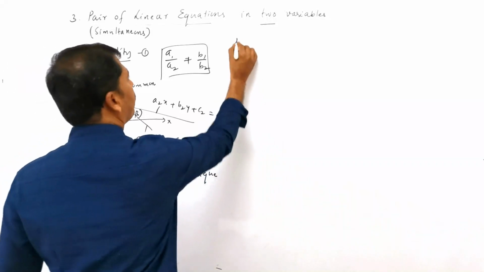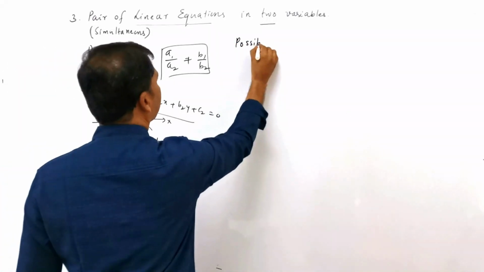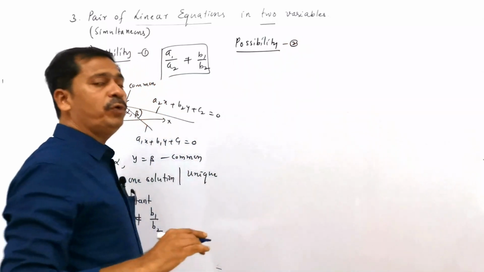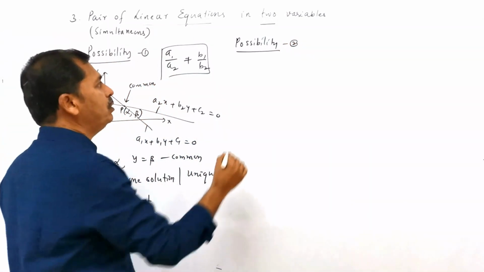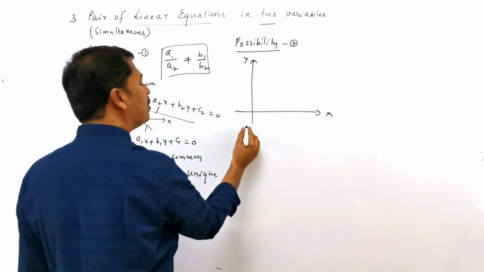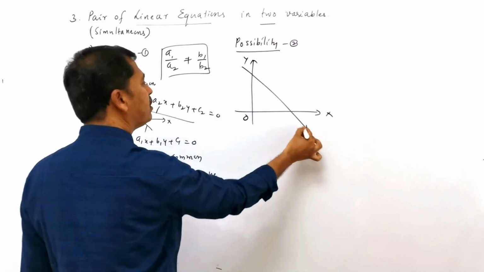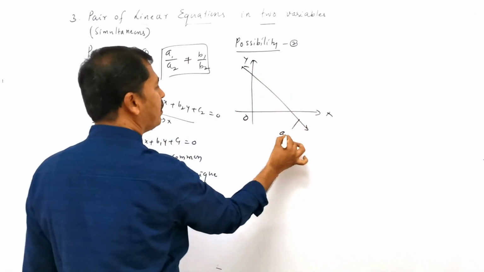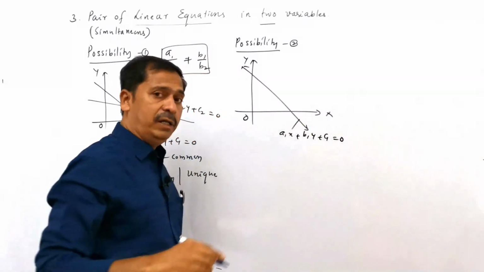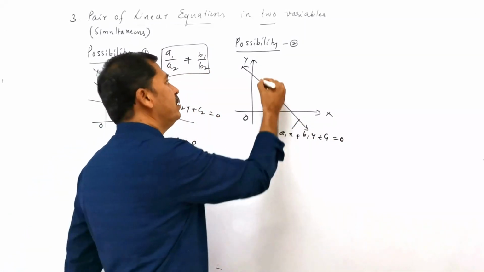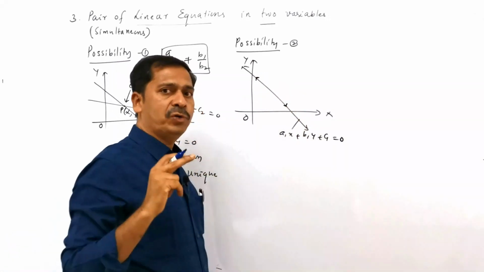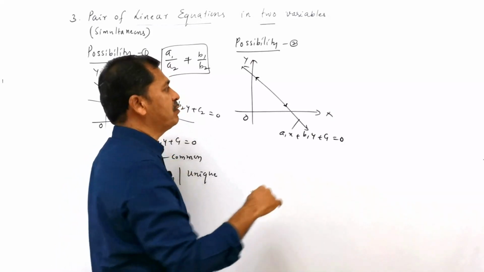Now what is possibility number 2? Possibility 2. If you plot the graph of the given two simultaneous linear equations in x and y, here this is one line, say a1x plus b1y plus c1 is equal to 0. The possibility is that for the second line, whatever coordinates you find coincide with the first one.